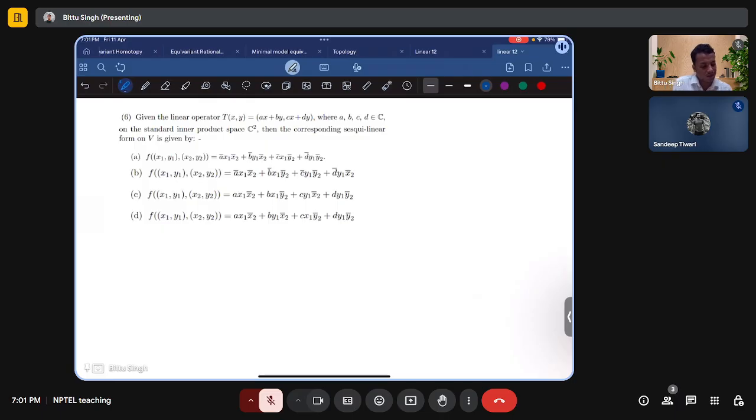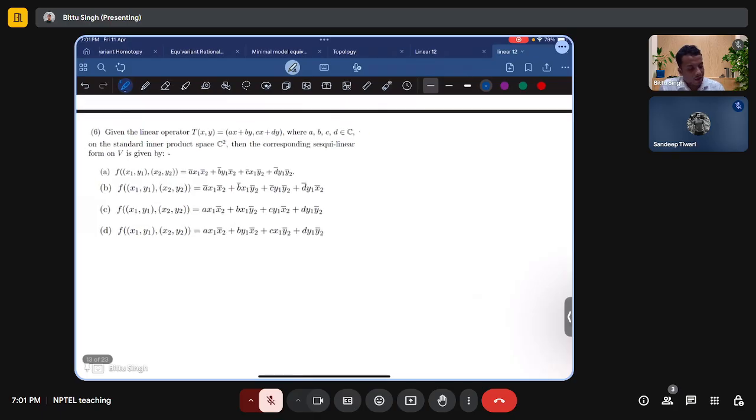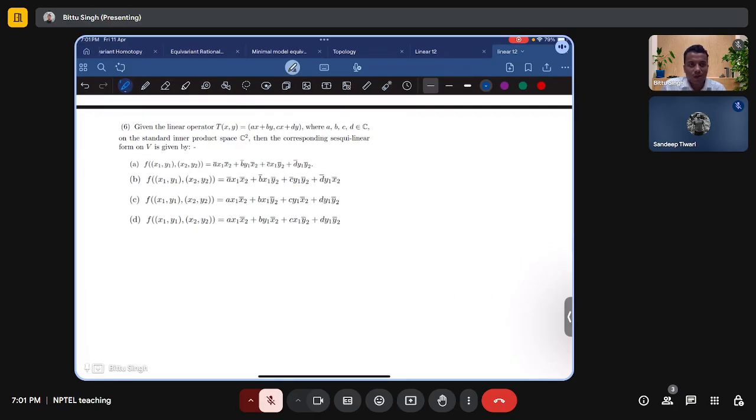As we have earlier seen, any linear operator corresponds to some sesquilinear form, and the formula will be like this: f of alpha, beta is the same as T alpha inner product beta. So again, the standard inner product is considered. Here alpha is (x1, y1) in our question, and beta is (x2, y2).